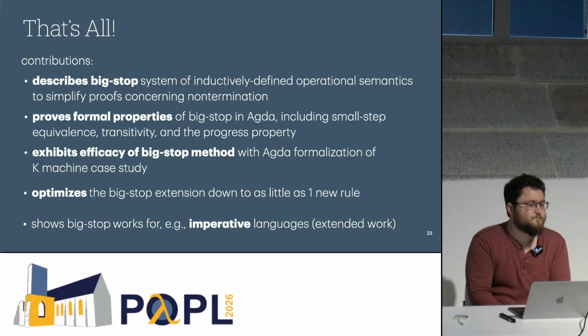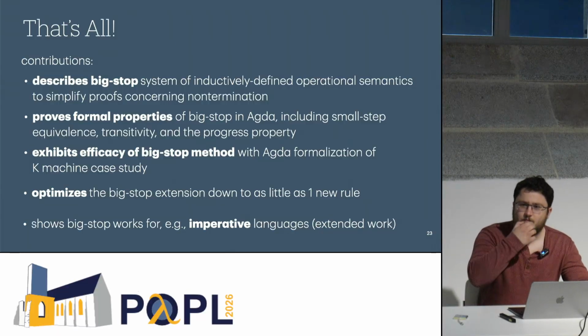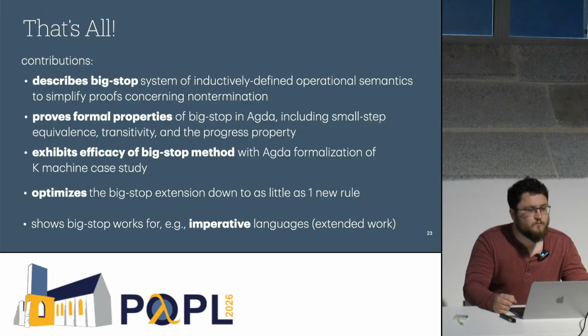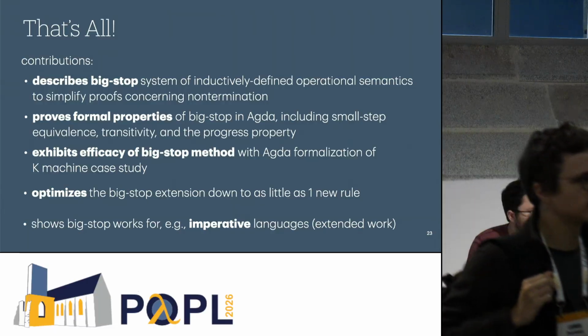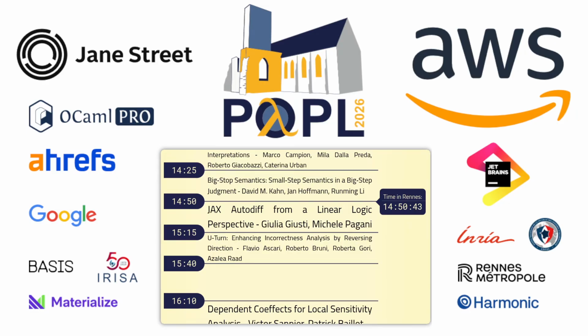And one more question before the next speaker sets up. Thank you for the great talk. I'm curious if there was any prior work to show correctness for compiling to the K machine before big stop semantics. You said it wasn't possible in small step and either impossible in big step.